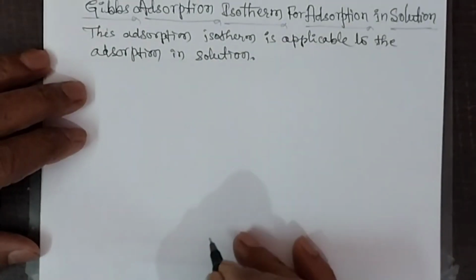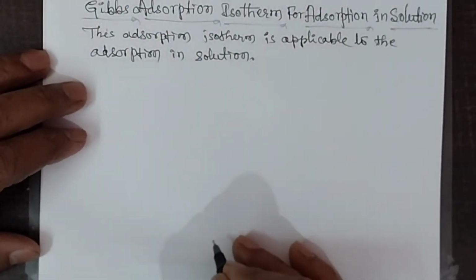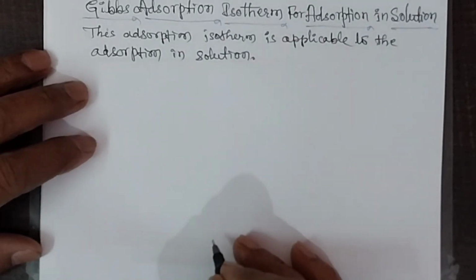Adsorption in solution means as the adsorption is taking place in the solution, it consists of three components: solvent, solute or adsorbate, and surface area.